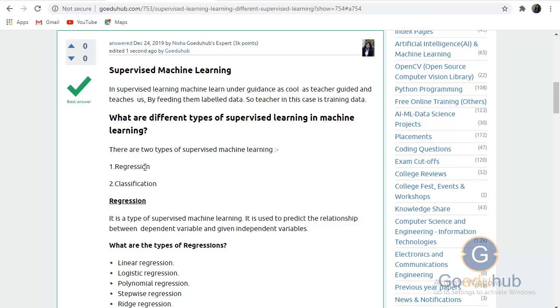It is a type of supervised machine learning and it is used to predict the relationship between a dependent variable and one or more independent variables. You can say the dependent variable is the target and the independent variables are the predictors. This technique is used for forecasting, time series modeling, and finding the causal effect relationship between variables.